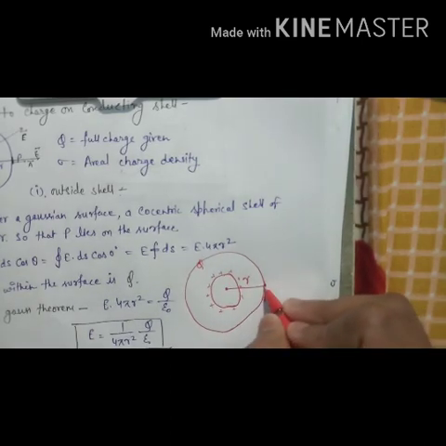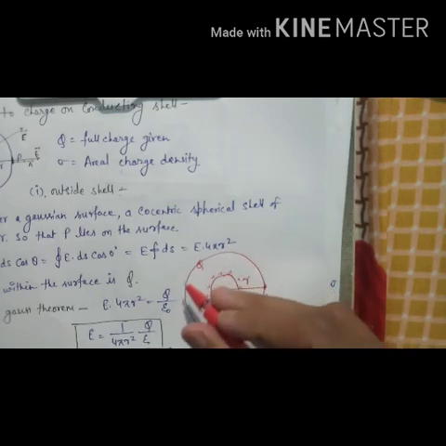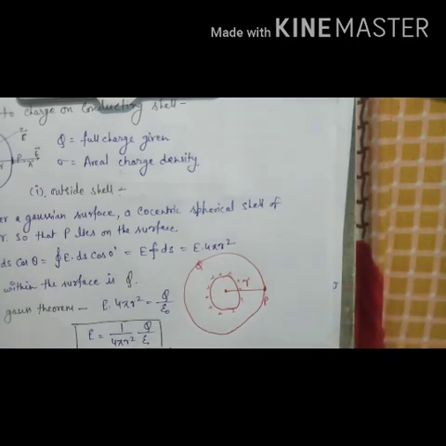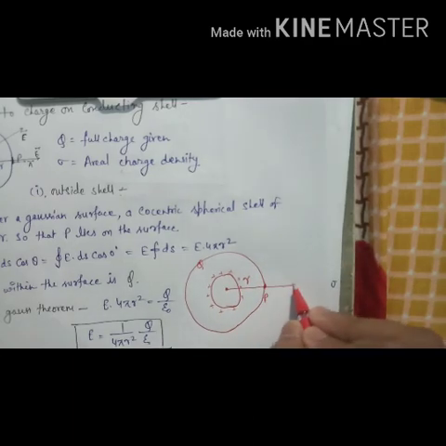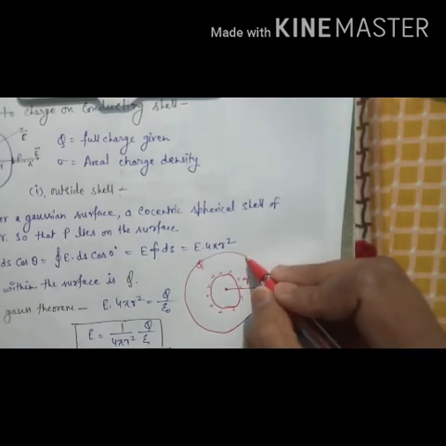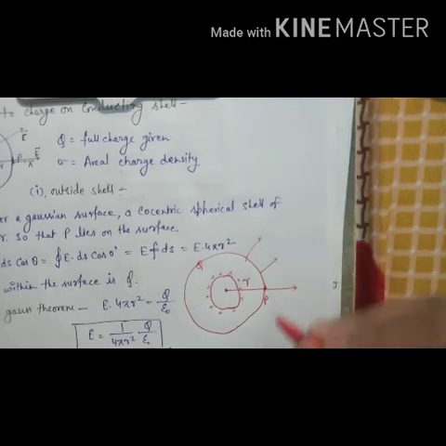We find out the electric field intensity at point P, which lies on the Gaussian surface, and the electric field is radially outward. We also know that the electric field is in this direction, this direction, this direction, so radially outward.